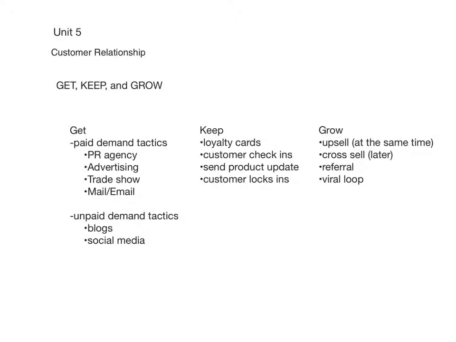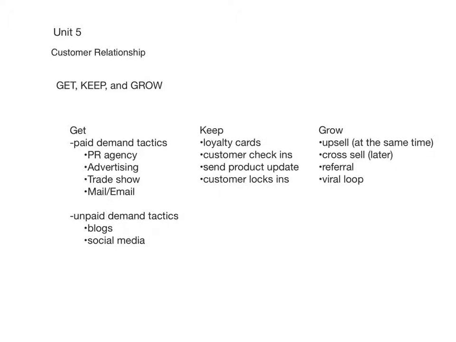To keep your customers, you can have loyalty cards, customer check-ins, send product updates, and customer logins. So you have some profit to attract your customers and keep them in your business. To grow the customer, there is upsell, which happens at the same time.